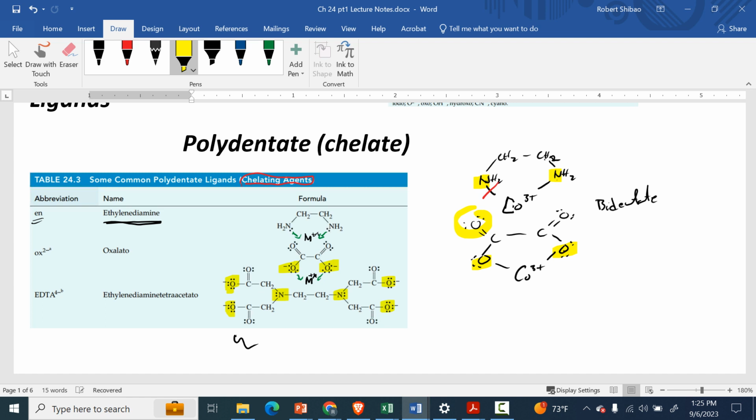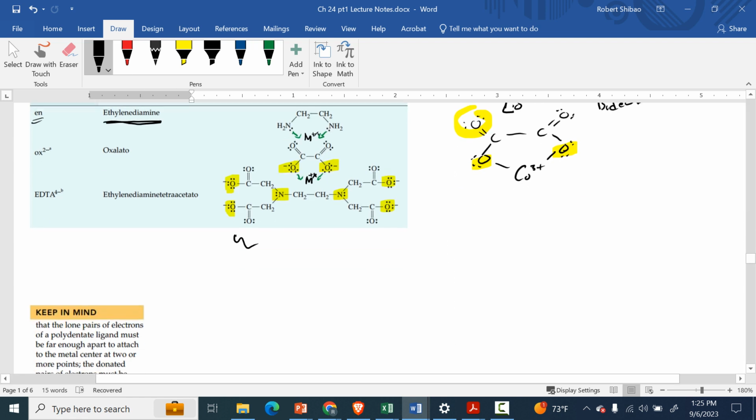If we tried to do that, then we'd end up forming this type of bond. Let me show you here. Rather than doing these two oxygens, which are separated by these two carbons, let's just do these two oxygens here, which are separated by a single carbon. And so if I put the cobalt 3+ here, and then bond one oxygen here and the other oxygen here, like this and this.